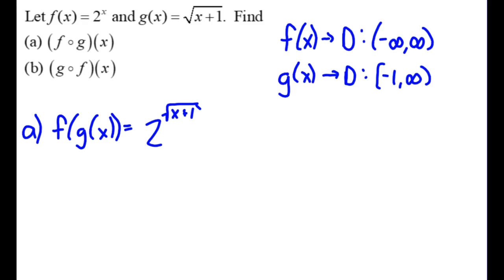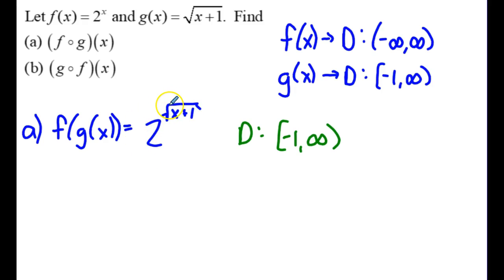Now if I'm looking for the domain of this composition, first I have to look at the domain of my inside function, which is g of x. The domain of that is negative 1 to infinity. And I also have to look at the domain of my new function. Okay?